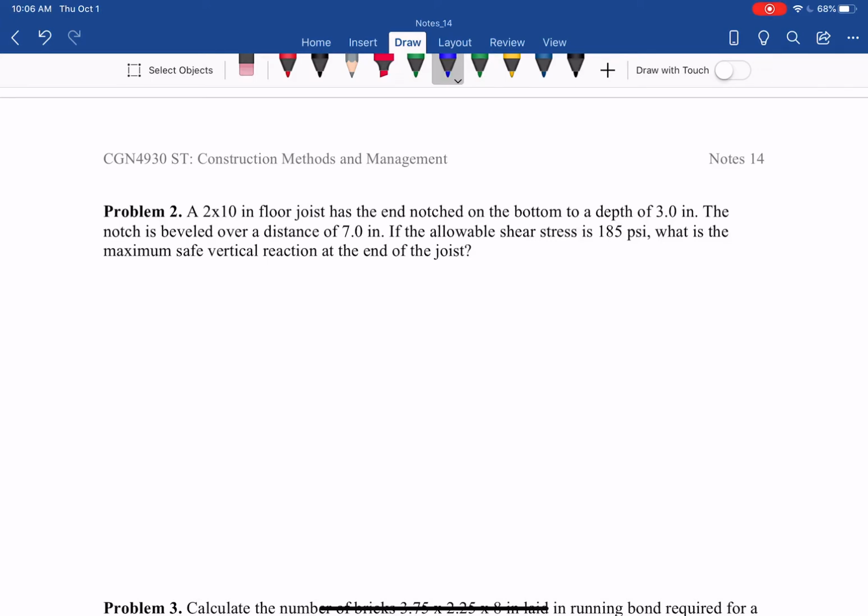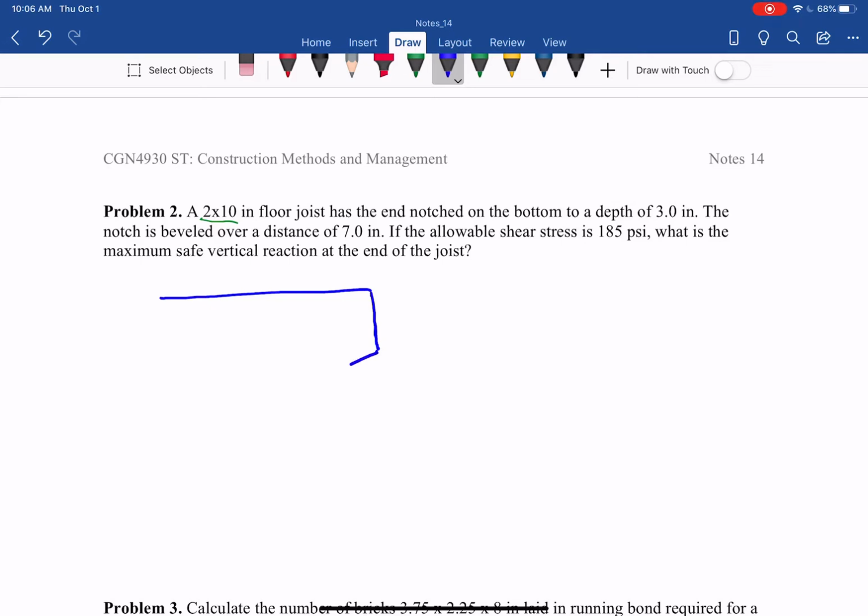joist, and we have 2 by 10 inches, and that is a nominal cross section, and then it will be beveled over a distance of 7 inches.